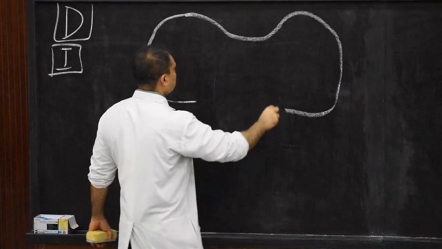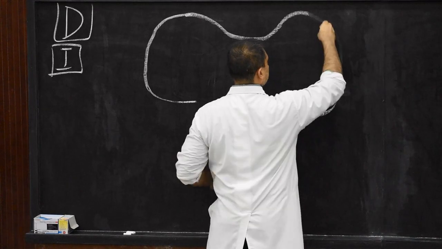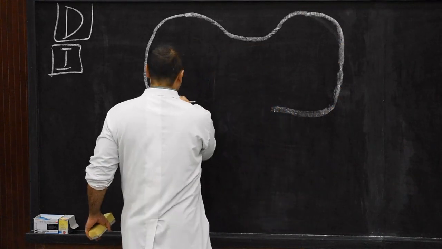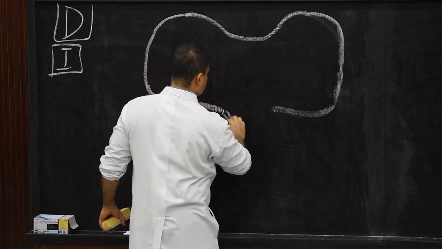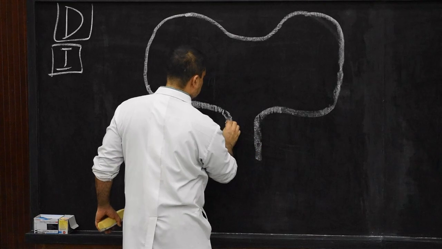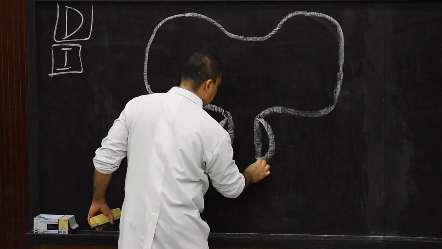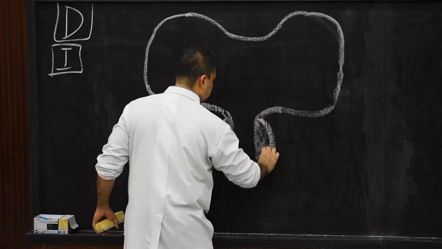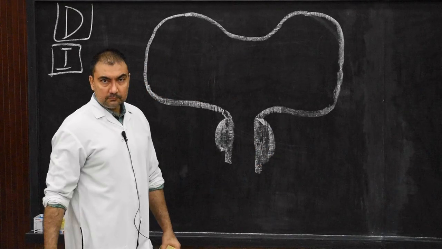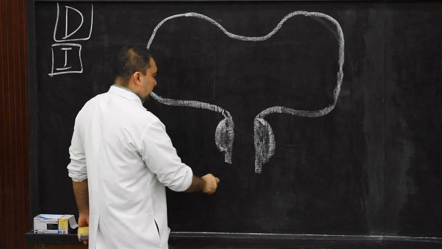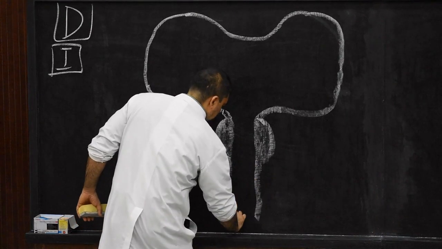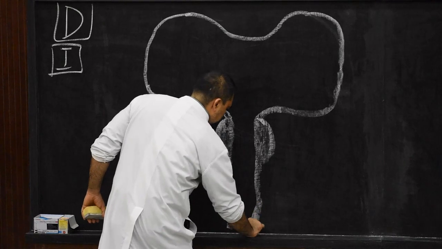After drawing these two vesicles, we show the development of the diencephalon. This will be the thickened part of the diencephalon, with thick walls, and it will continue below as the cerebral aqueduct, and then below it will continue with the fourth ventricle.